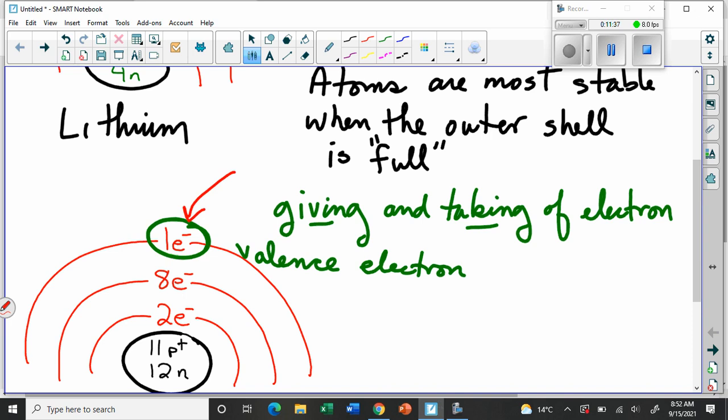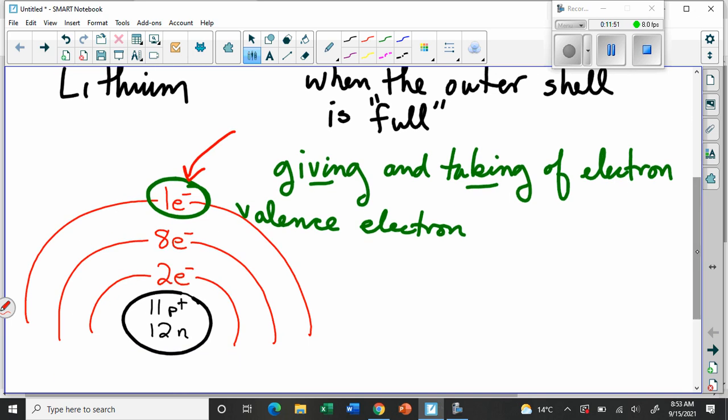That's their goal. Get rid of that valence electron and leave all the nice full shells underneath. And if you're getting rid of a negative electron, you become more positive. If you get rid of this one, you're left with 10 minuses, but you still have 11 pluses.